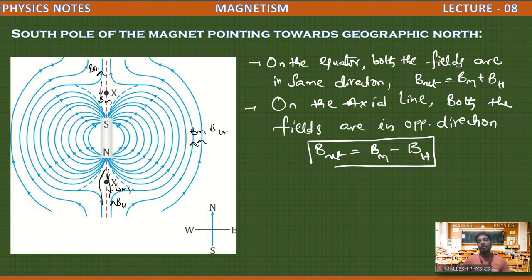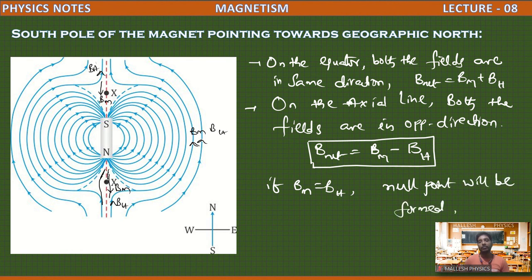Now if BM is equal to BH, the null point will be found. The net magnetic field is 0.